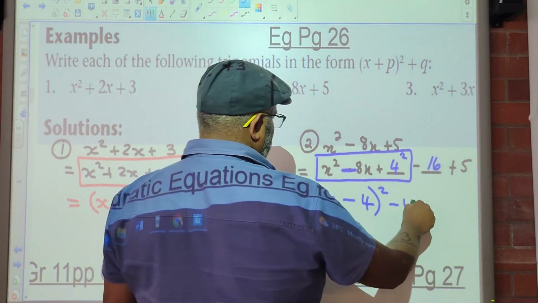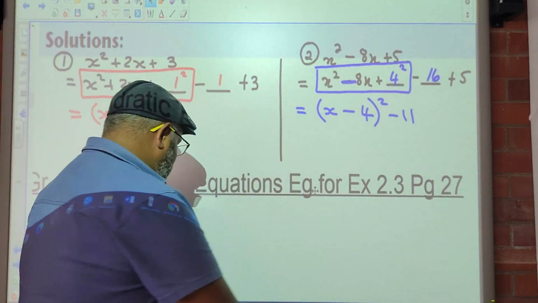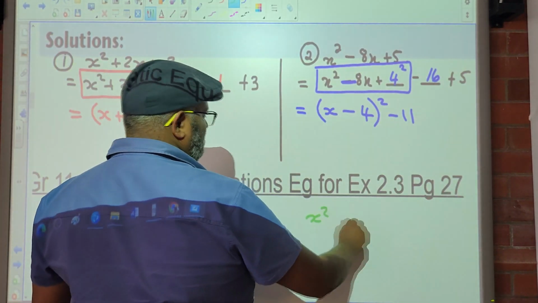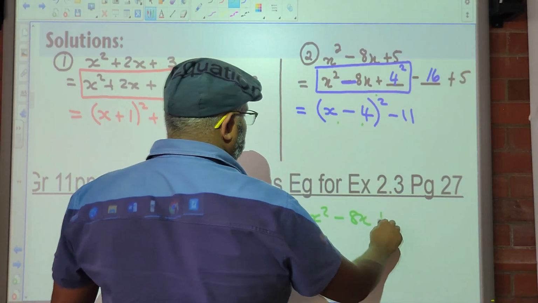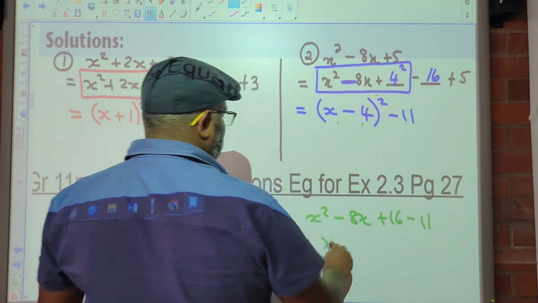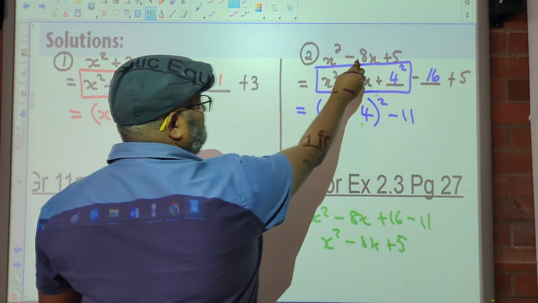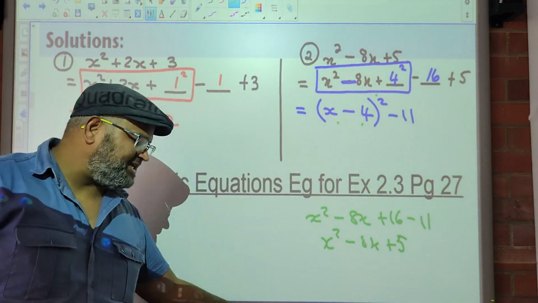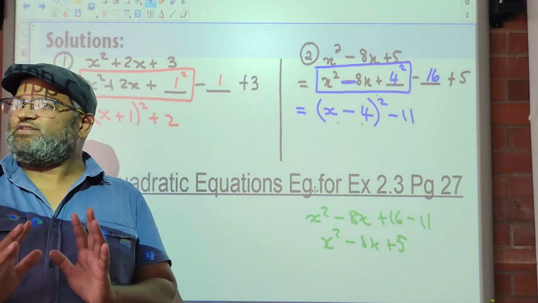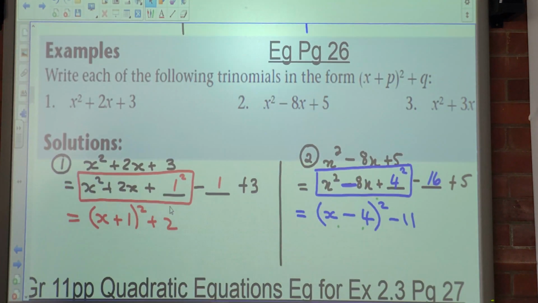Negative 11. Now people, if I must go and multiply that out, I get x squared minus 8x plus 16 minus 11, which gives me x squared minus 8x plus 5. You see it's the same. So again in mathematics, we don't change the value of anything. Looks like I'm moving too slow for some of you, no?